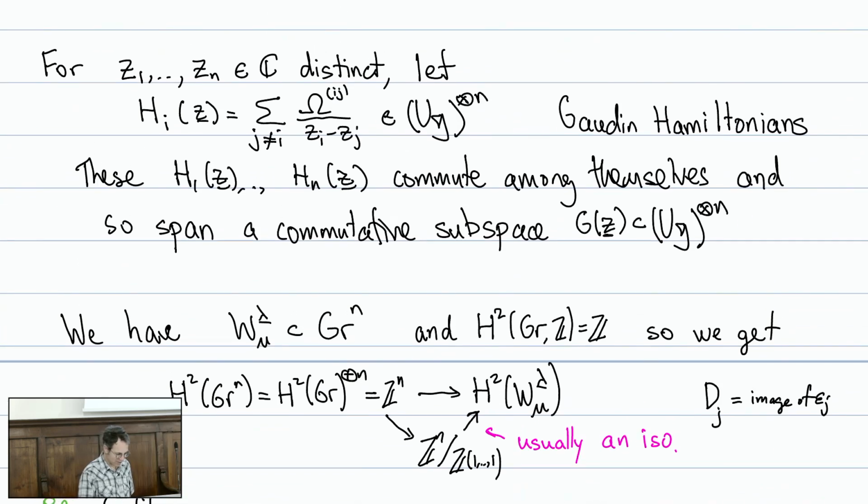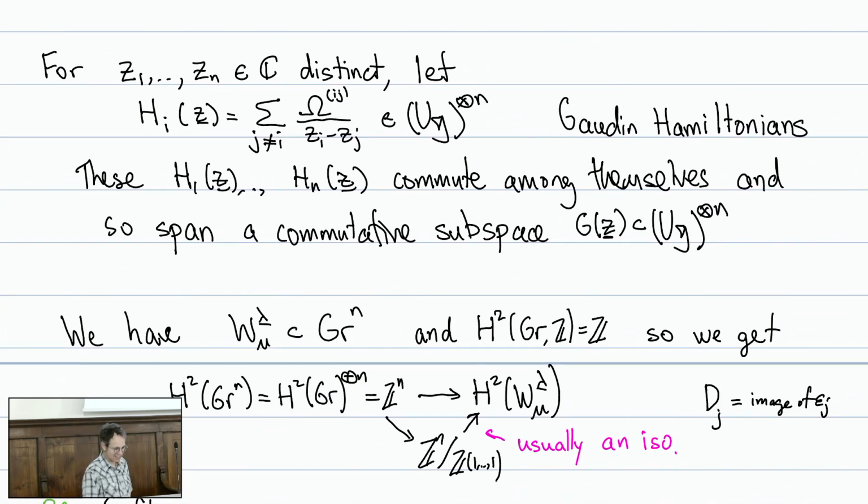Okay, so we need one more ingredient before stating the main theorem. The remaining ingredient concerns, as we did before with quiver varieties, an analysis of the H2. So we begin with the following. This resolved affine Grassmannian slice sits inside the product of n copies of the affine Grassmannian, because it's like a sequence of points in the affine Grassmannian, which are related to each other by these lambdas.